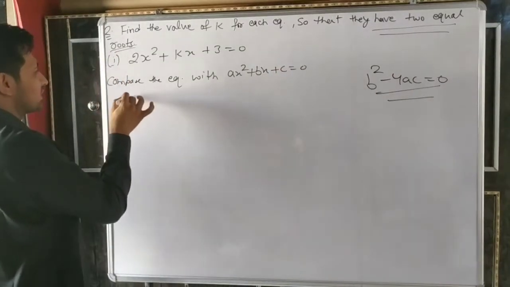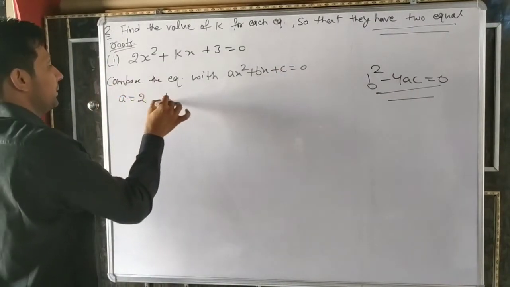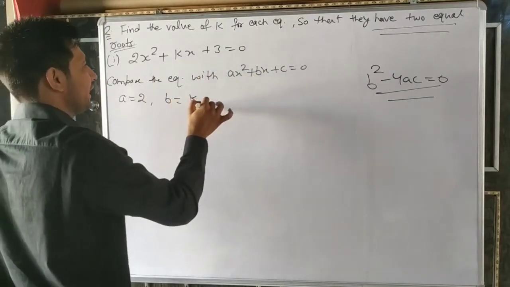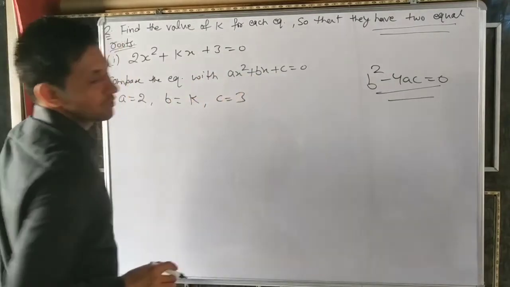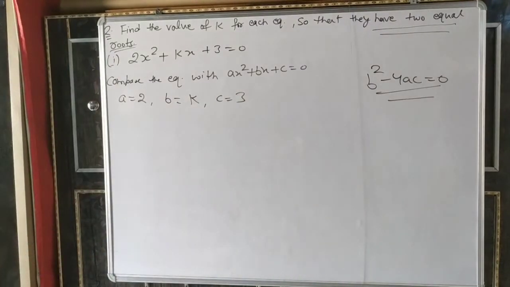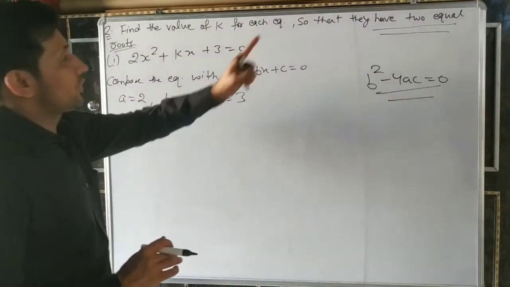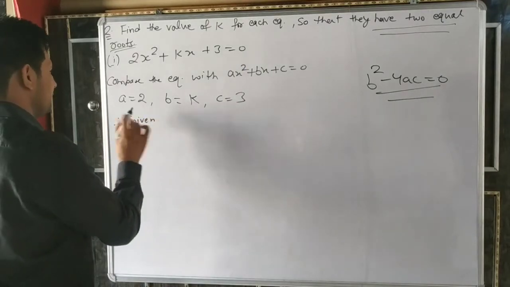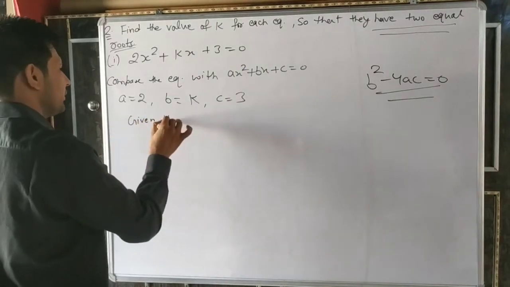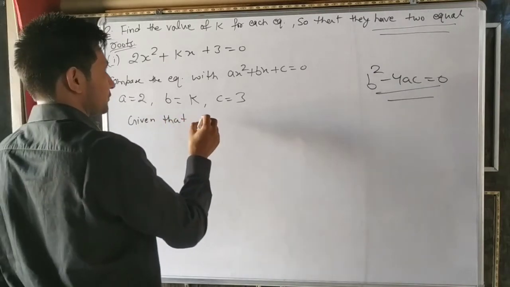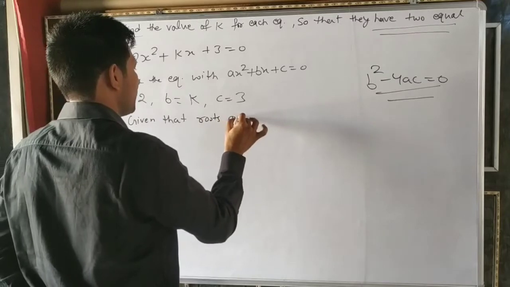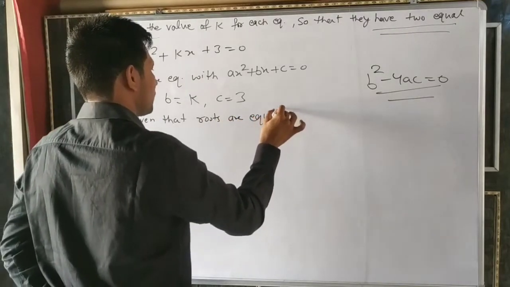A is how much? A is 2. B how much? B is the coefficient of x. Coefficient of x is k. C equal to 3. Understand here? Now, in the question it is given that roots are equal.